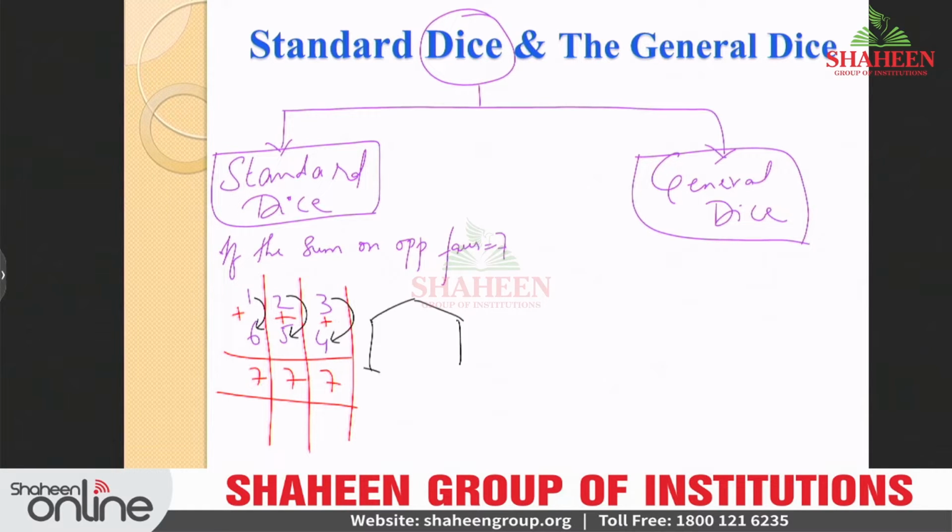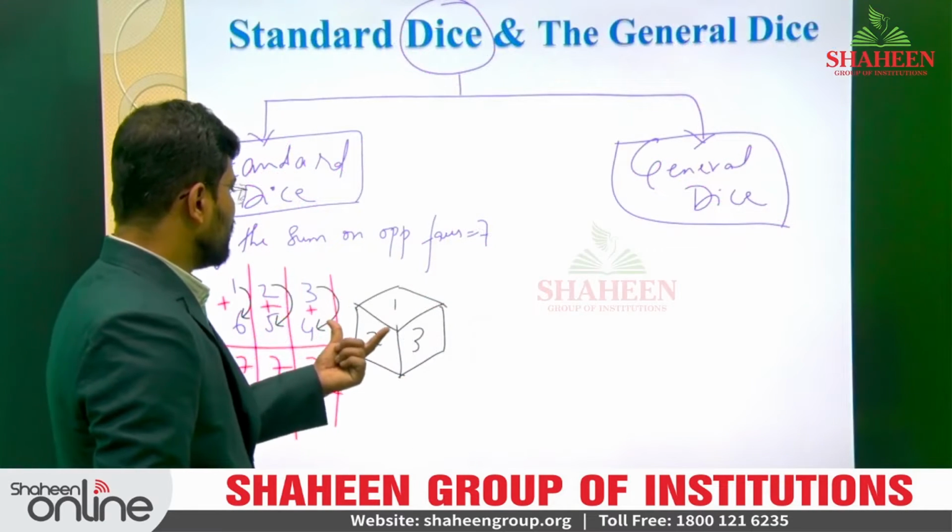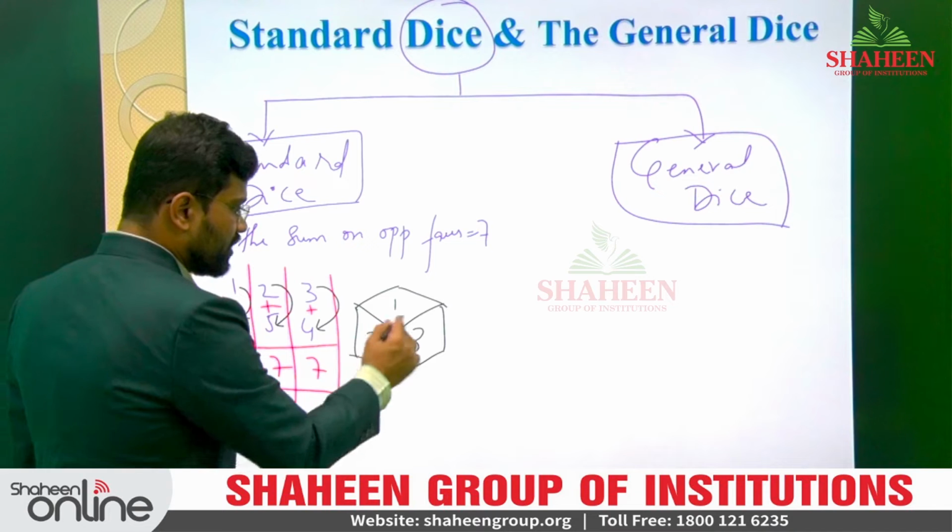If I draw a standard dice, if this is 1, 2 and 3, this is a 2D of dice wherein three faces are visible.